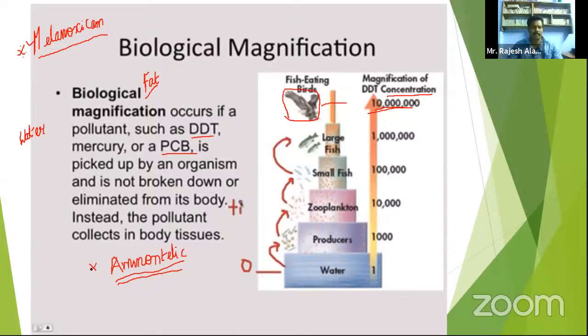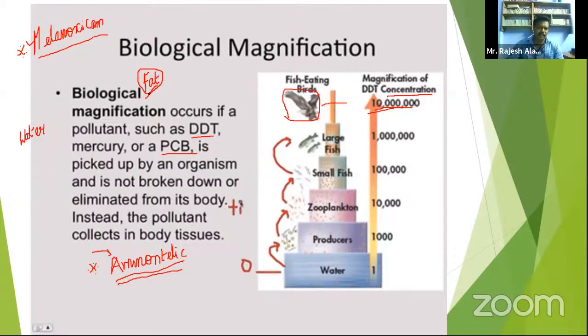So ammonotelic. Say a chemical is entering an aquatic ecosystem. If it is water soluble, they can excrete it, just like ammonia. So the chemical should be fat soluble. If it is a fat soluble chemical, it will get attached with the fat of the body of the organism and won't be removed from the body.